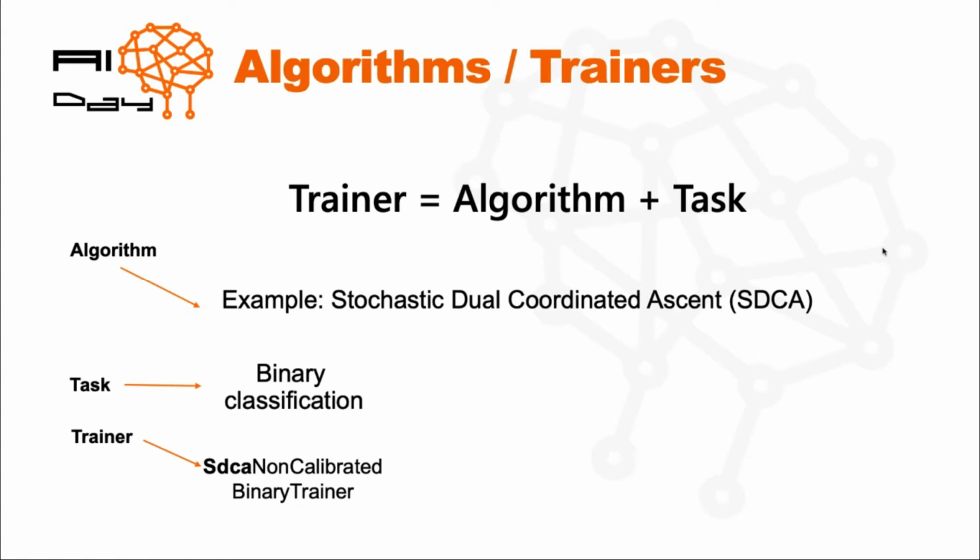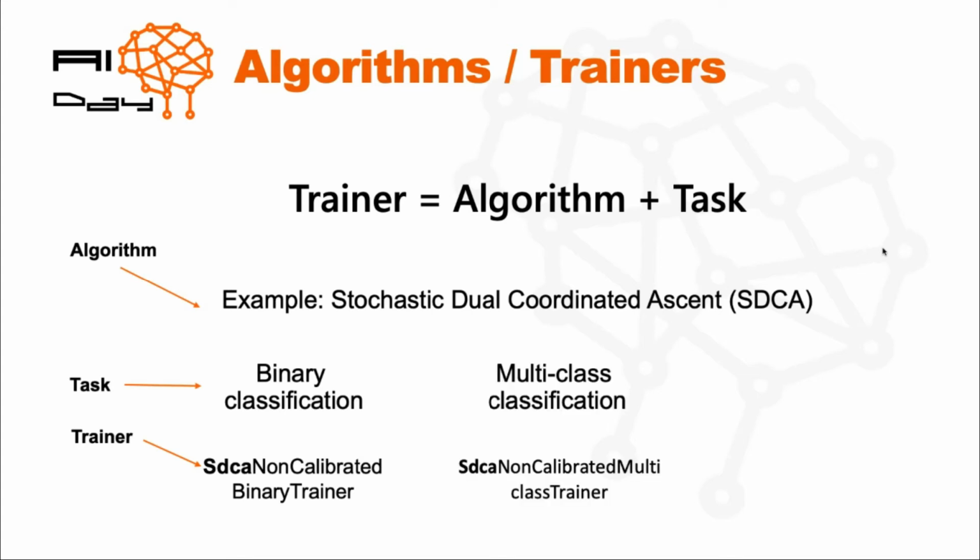Okay, binary classification. Then the trainer that ML.NET will use is SDCA non-calibrated binary trainer. Maybe later you want to apply this algorithm, but with another task, such as multi-class classification. Okay, yeah, it's possible. Then SDCA non-calibrated multi-class trainer will be created.